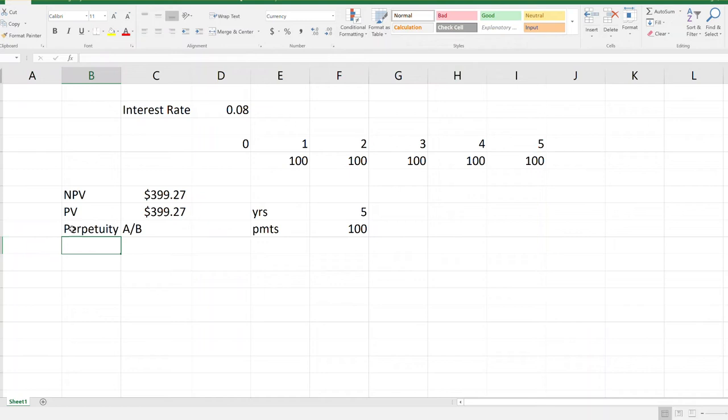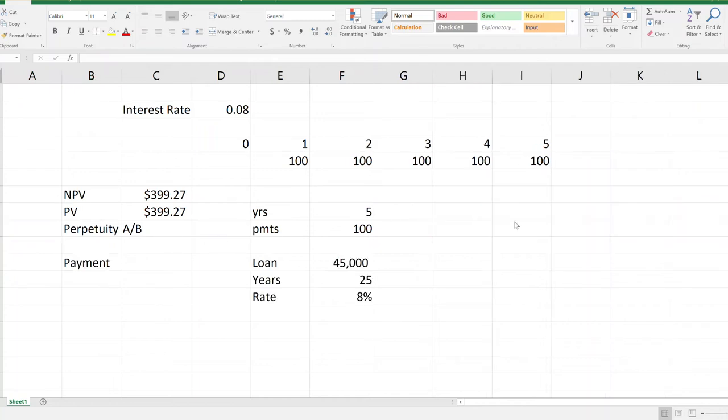So the next one is the payment function. Let me type in some information first here. Let's say I wanted to figure out the payment of this loan, $45,000, 25 years at 8%. This was the crack house that we bought in Detroit, and we want to know what the payment is. So we hit equals, and I hit payment, parentheses, and now notice it says rate.